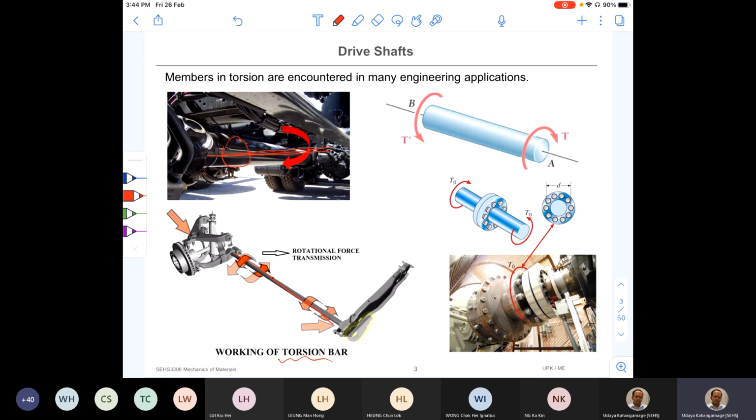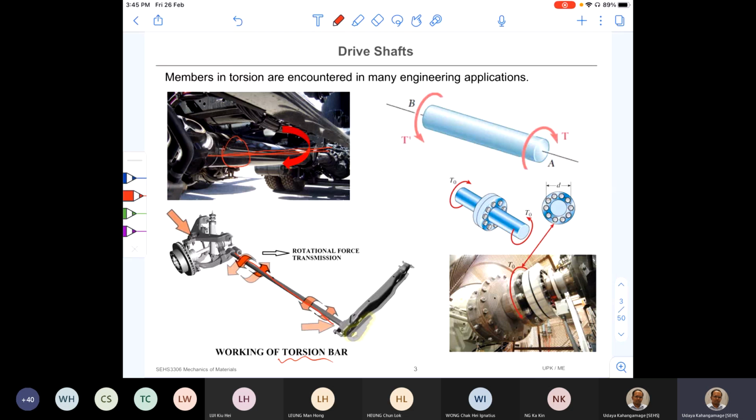So we need to design them. We need to make sure that they use less materials, right? All the members should be efficient in the sense that they use less materials and are able to transmit more power, right? So that the vehicle is lighter and it can run long distances using less fuel.